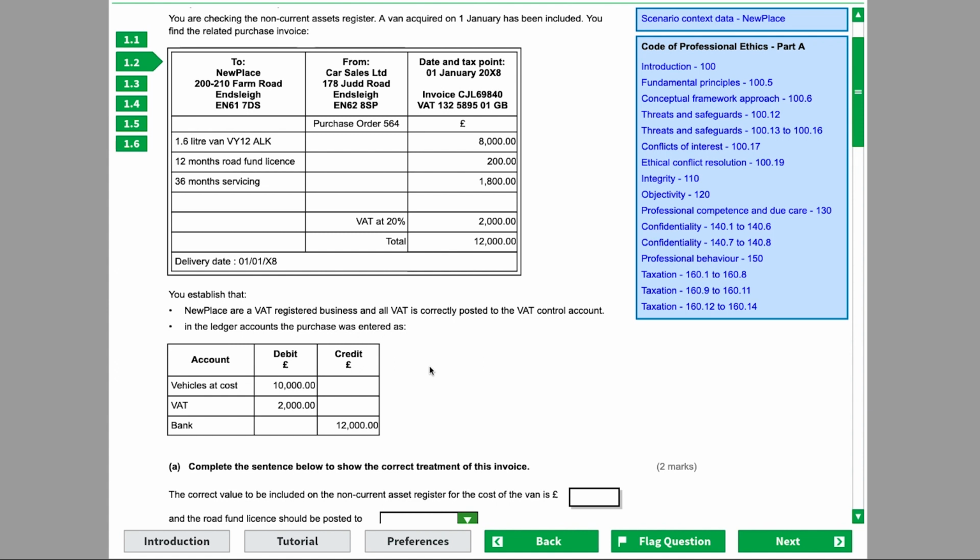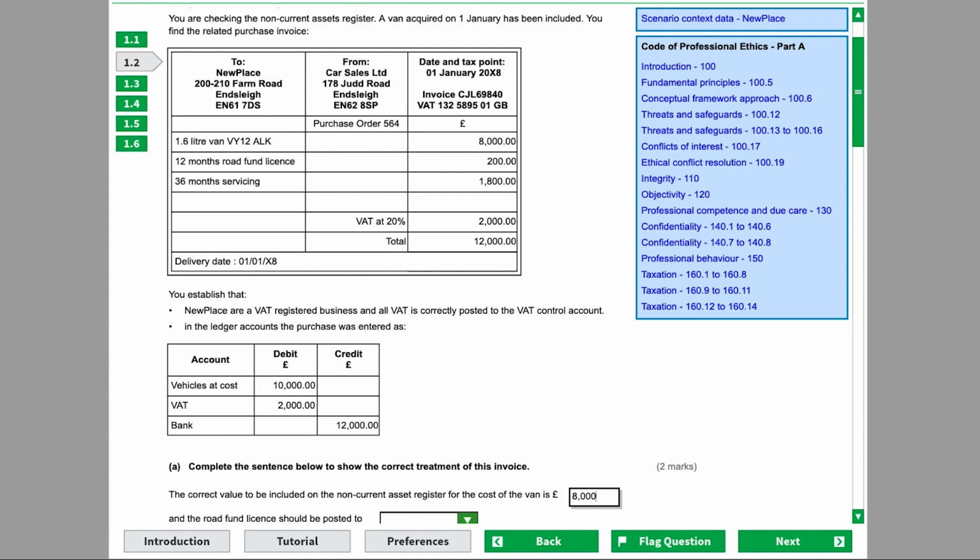When it comes to capitalising an asset, we can include the cost of the van. However, we wouldn't be able to include the road fund licence because that is renewable, and the servicing is also a yearly cost. It adds no value onto the actual asset. So the amount that could be capitalised would be the 8,000.